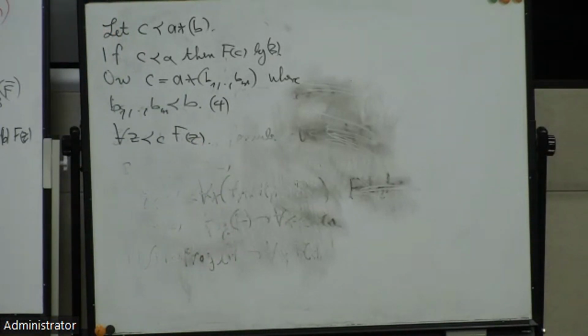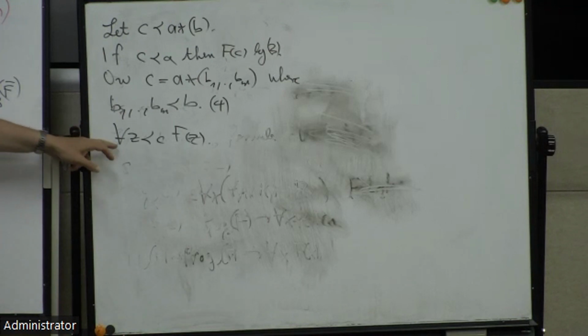So for all z smaller than A star B1 to Bm, f of z. Now we don't want to prove that one. We want to prove f of c, but we have assertion 1. Assertion 1 is the progressiveness. Here is the premise.